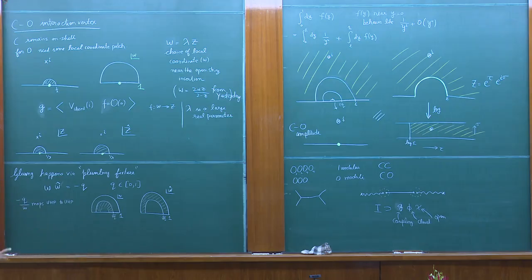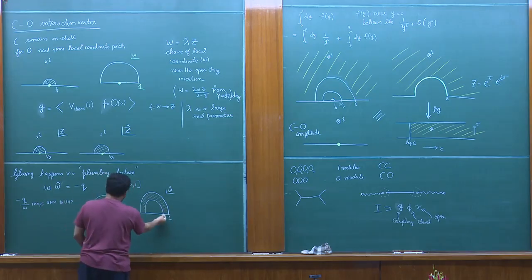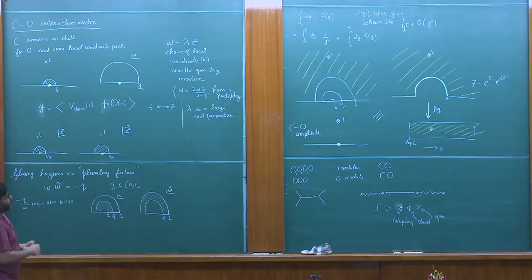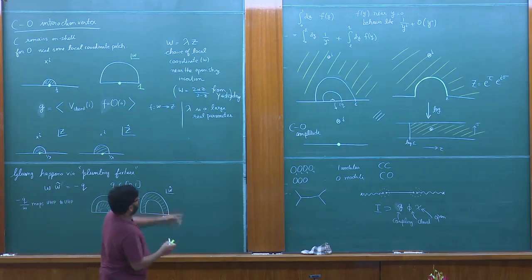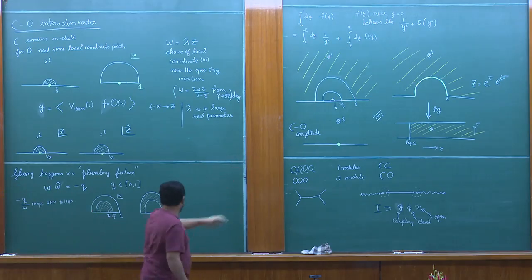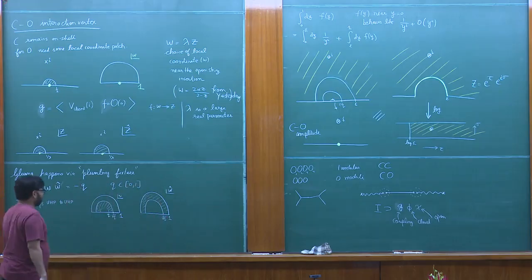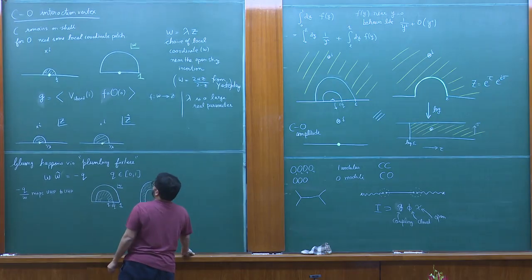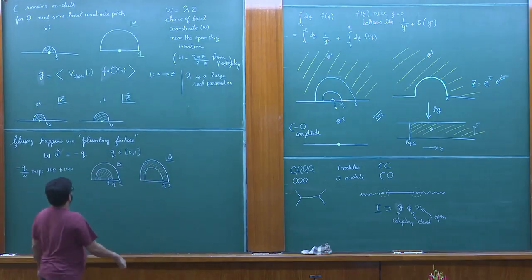Is that reasonable? So what this does is that it takes this half disk between 1 and square root of Q and puts it between square root of Q and Q in the W plane. So now we are starting to get pictures with these nested semicircles going on. But let's really see what it means.